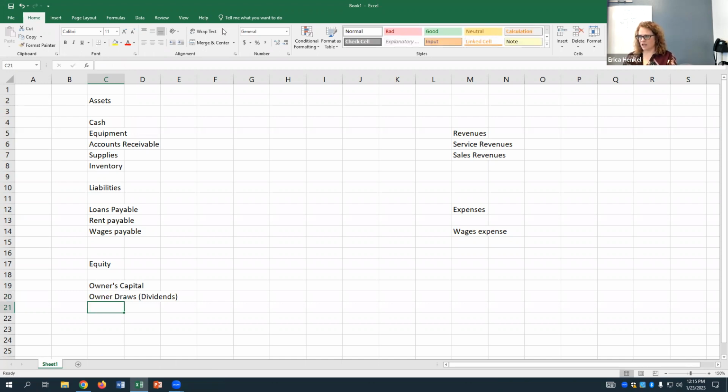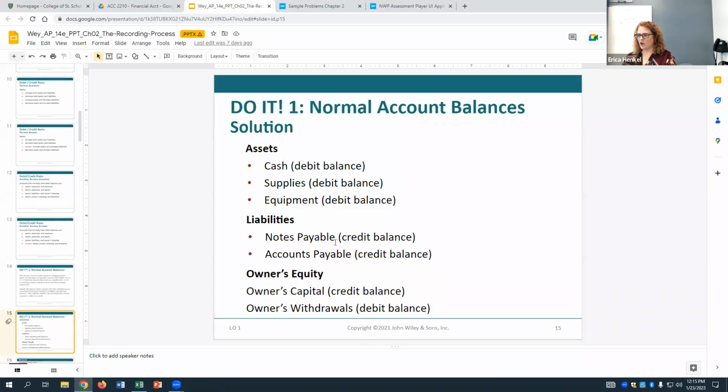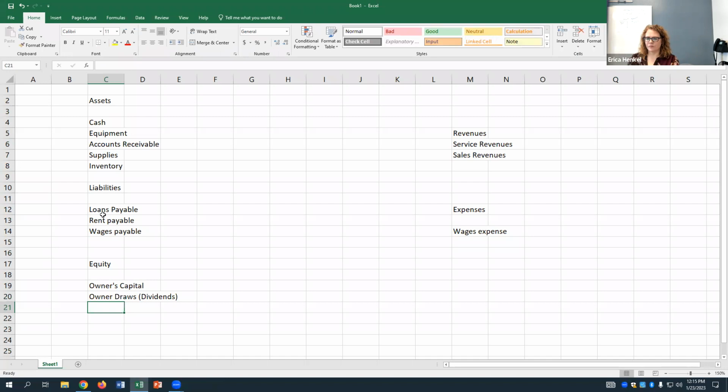Let's see if there's any that they came up with here that we might have missed. So they've got cash, supplies, equipment, notes payable, accounts payable. So those are kind of similar. Accounts payable, we didn't really put that on here.